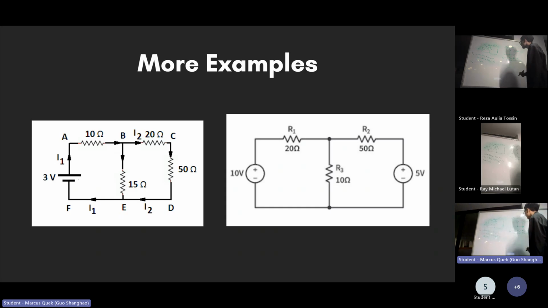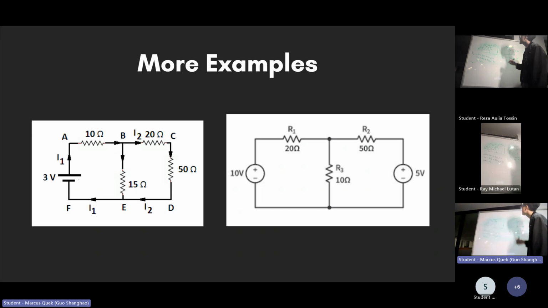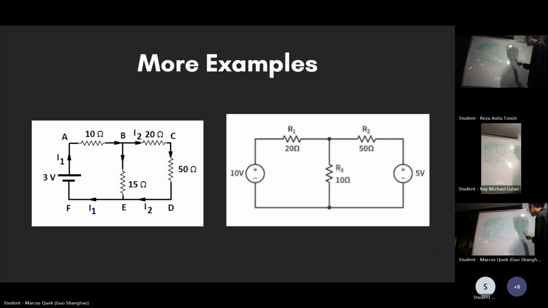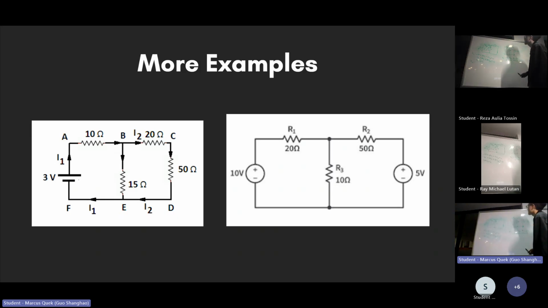Wait, for the 10, why is the plus on top? For that 10 ohm resistor, not the other one on the right. What is the positive polarity on top? Because I have to follow this. You cannot change it. Ah, I must follow this on the left side.